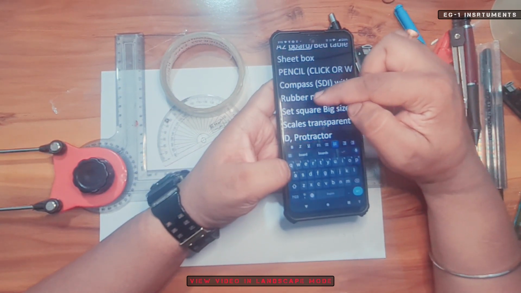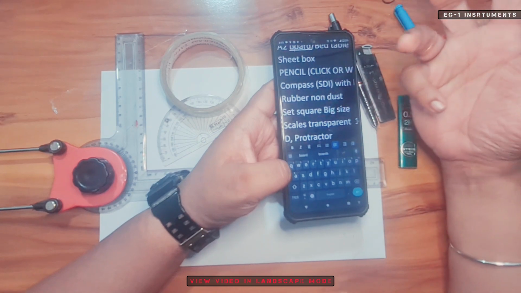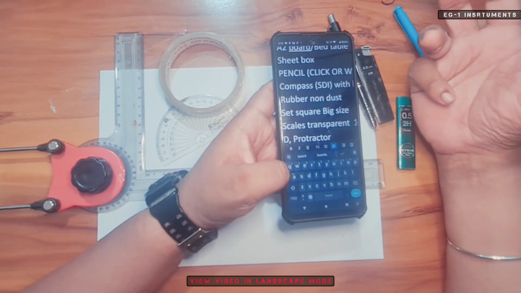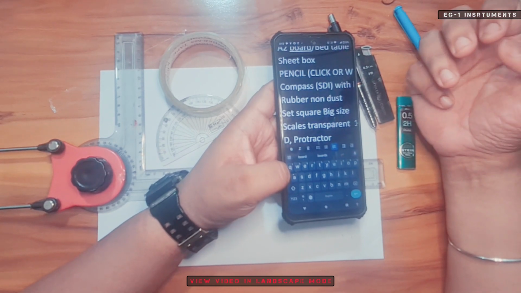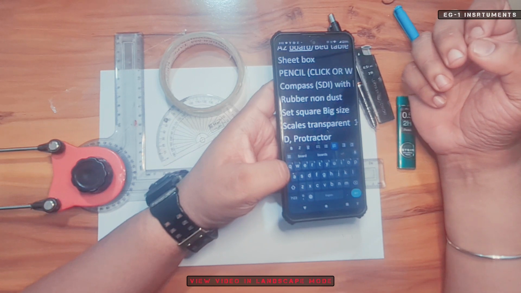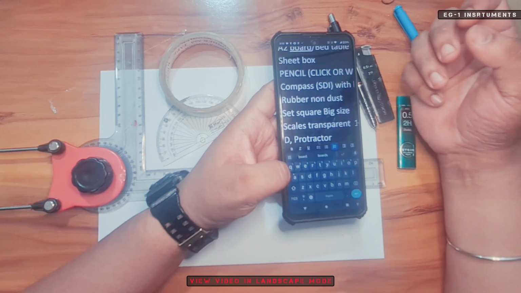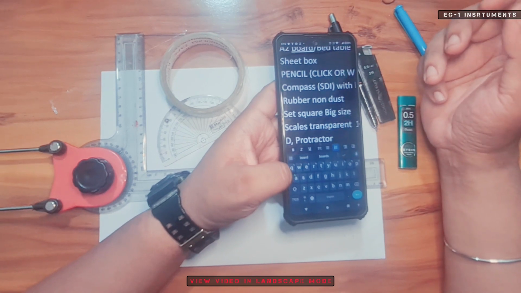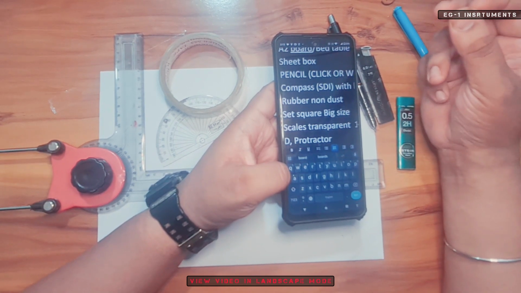You should purchase a rubber which does not produce a lot of dust, a lot of blackishness. Sometimes you purchase a rubber and it becomes very hard, and sometimes it becomes blackish.